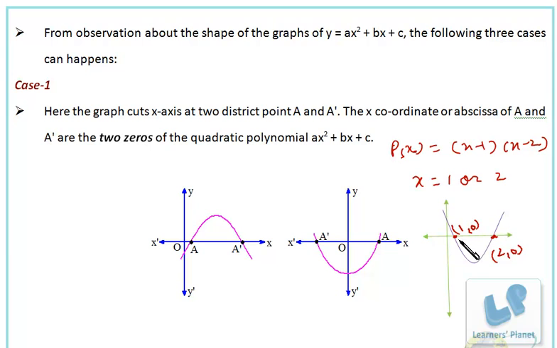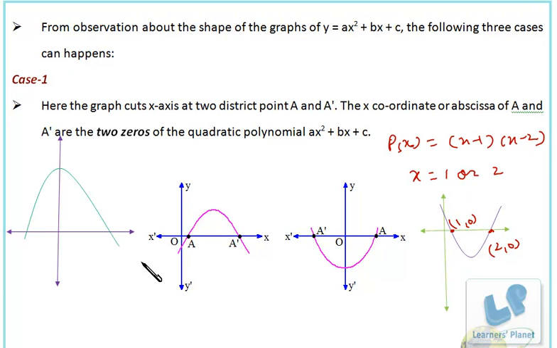And the points at which it is intersecting x-axis are called the zeros of this polynomial, right? So in this case, it's intersecting x-axis at (1, 0) and (2, 0), right? So the x coordinate, that is 1 and 2, are zeros of this polynomial, right? Similarly, we can calculate for the zeros of other quadratic polynomials also.